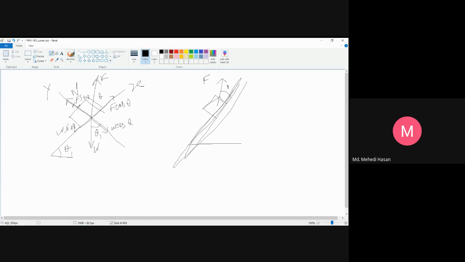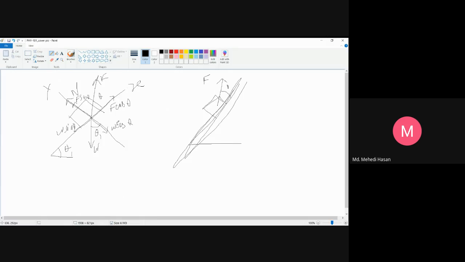So this is the free body diagram. The process is, first we have to draw the x-axis and y-axis. Always we consider the surface where the object is placed as the x-axis, and the y-axis is perpendicular to this x-axis.